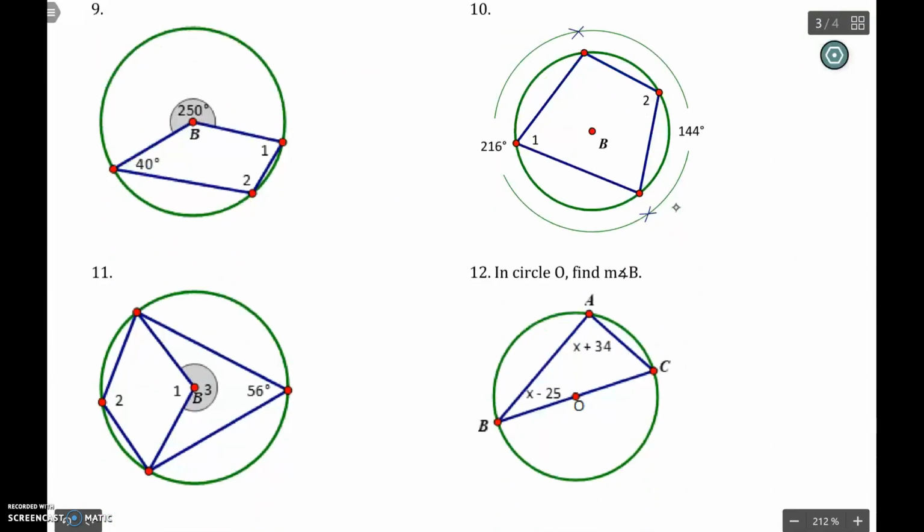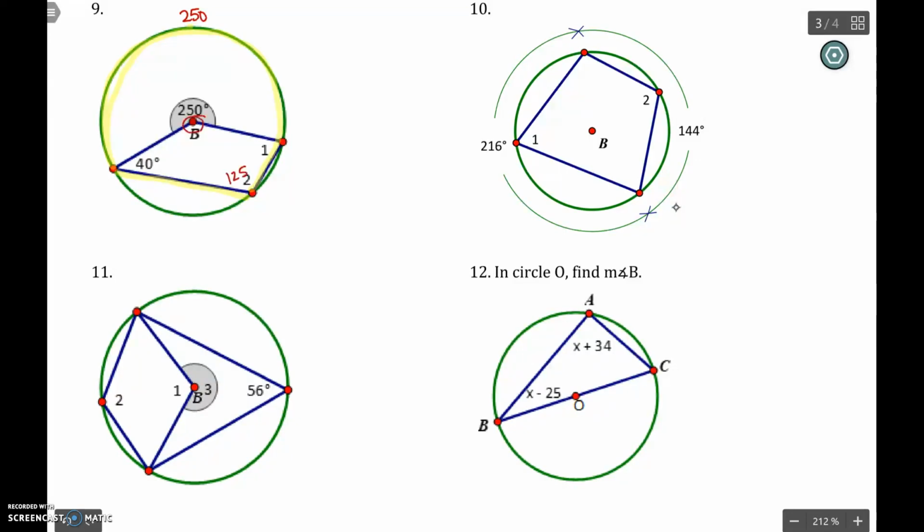Okay, now for number 9, I do have a quadrilateral, but it's not inscribed because this vertex is not on the edge of the circle, so I cannot use my quadrilateral rule. But I do have this 250, which is a central angle, so that would make this arc out here 250 as well. Central angles are equal to the arc. And angle 2 happens to be inscribed to that same arc, so that would be half. So angle 2 is 125 degrees.